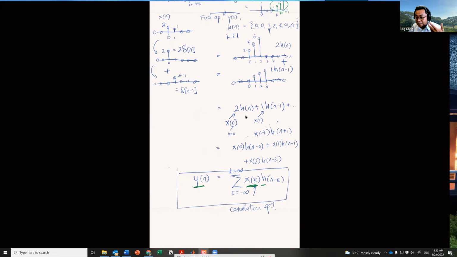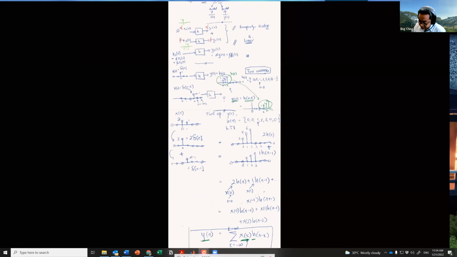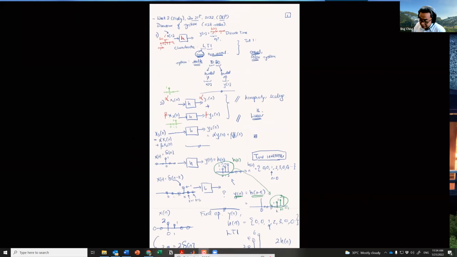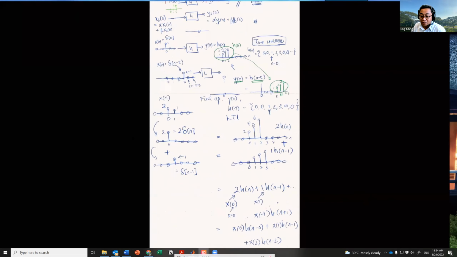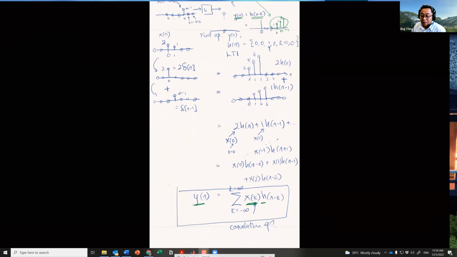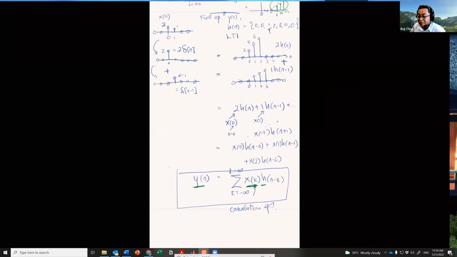That is why h of n is the most you need from a linear time invariant system, because once you have h of n, you can now compute for any input. Okay, so I will now let you see the whole picture again from here to here, and then I hope you understand. Okay, I'll pause now.